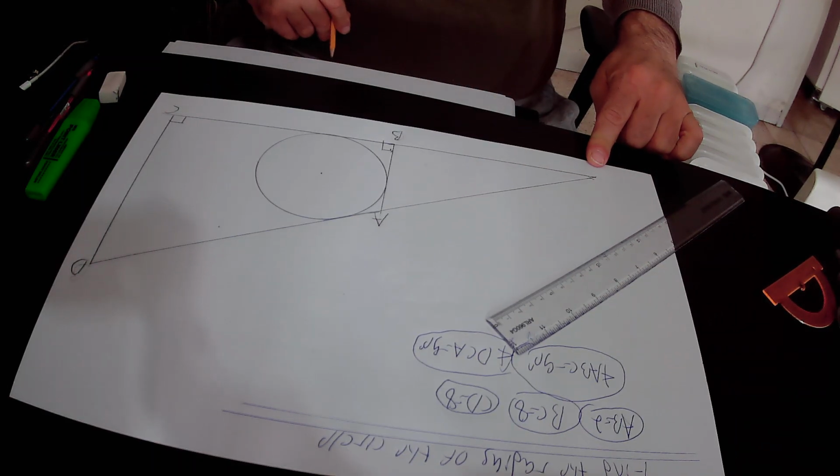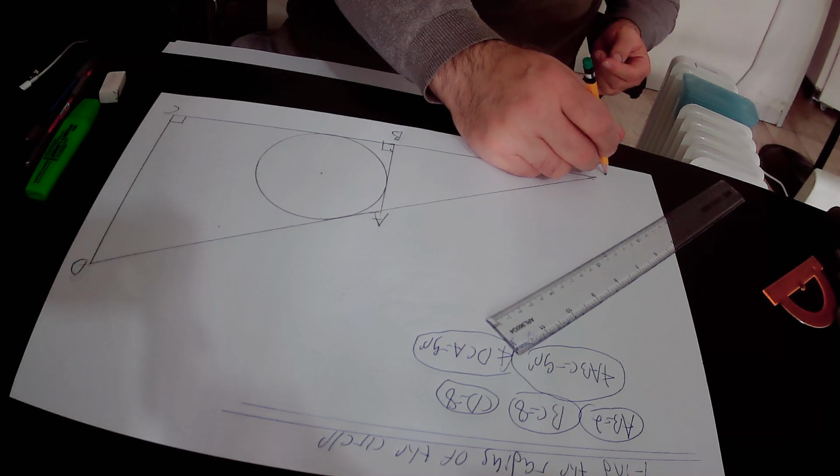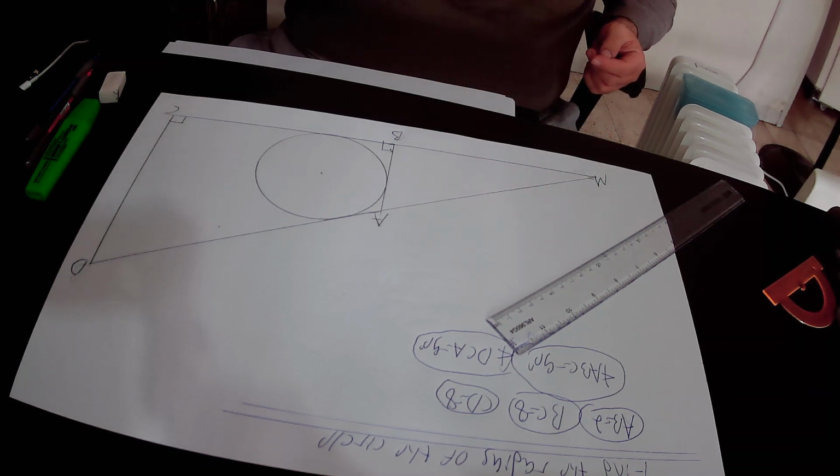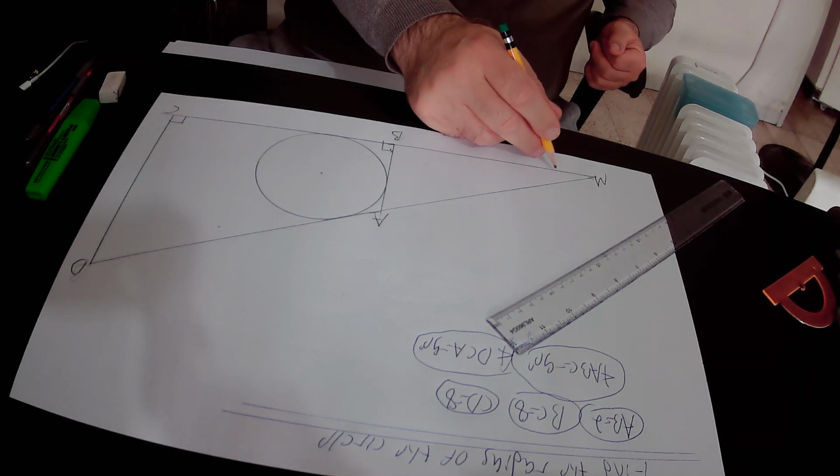So actually, this is their touching point. We define their touching point as point M. We define this angle as theta.